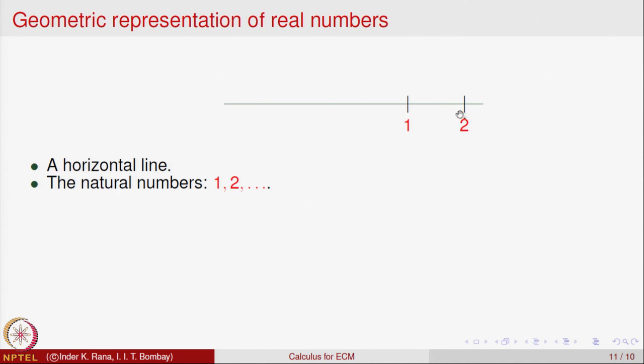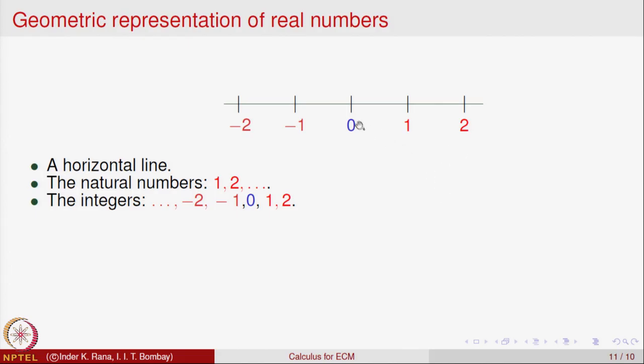So, you have got this unit of distance, same distance you go to the next step, on the right, and on the left you mark points. So, this you call 0 on the left side, the next point you call minus 1, the next minus 2 and so on. So, what we have done is we have put all the integers on a horizontal line, we have given them a position on the horizontal line, right.